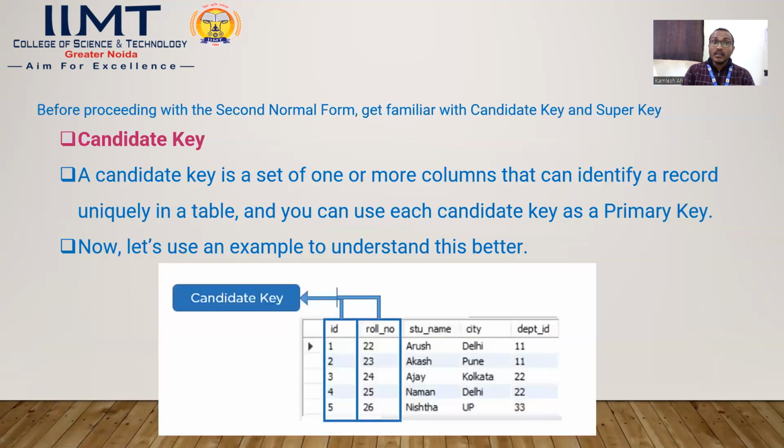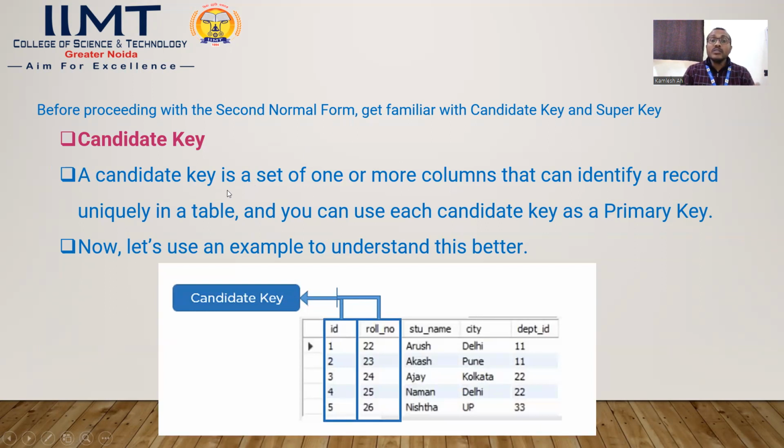Okay. Before proceeding with the second normal form, get familiar with candidate key and super key. What is a candidate key? A candidate key is a set of one or more columns, like, look here, ID and roll number. It can identify a record uniquely in a table, and you can use each candidate key as a primary key.